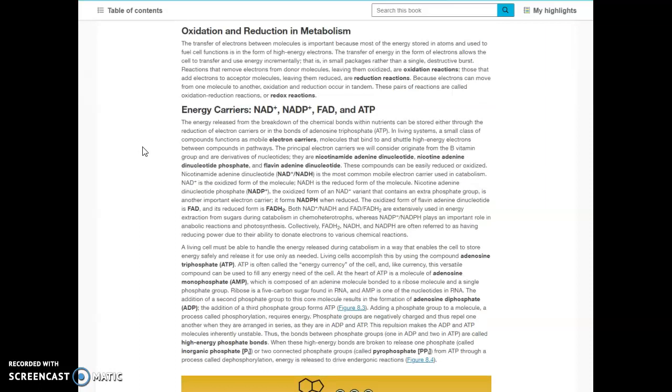Now, when we look at these metabolic reactions, we have coupled reactions called redox reactions. Redox reactions are coupled reactions where we have two simultaneously occurring reactions. And redox is a shortened form of oxidation and reduction. So when we look at metabolism, and especially as we get into cellular respiration, one of the main drivers for these reactions is the transfer of electrons.